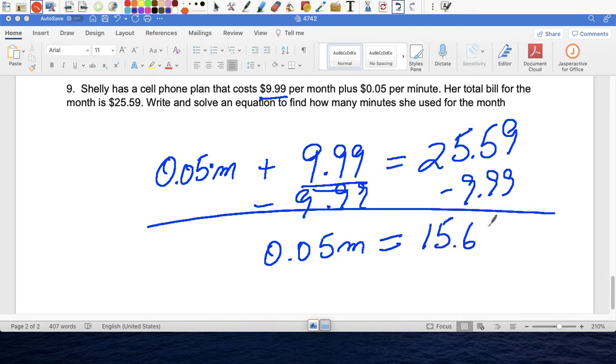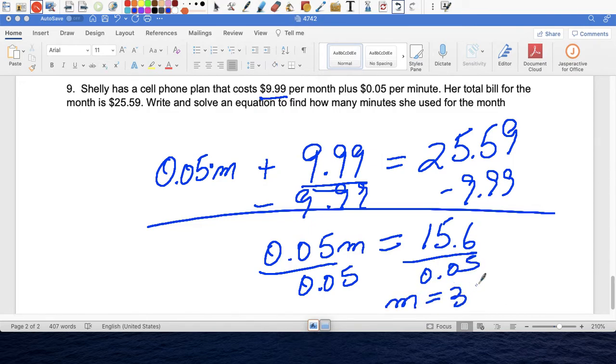And if you divide both sides by 5 cents, the number of minutes that you spent on the phone was 312. No, that's not bad for a whole month.